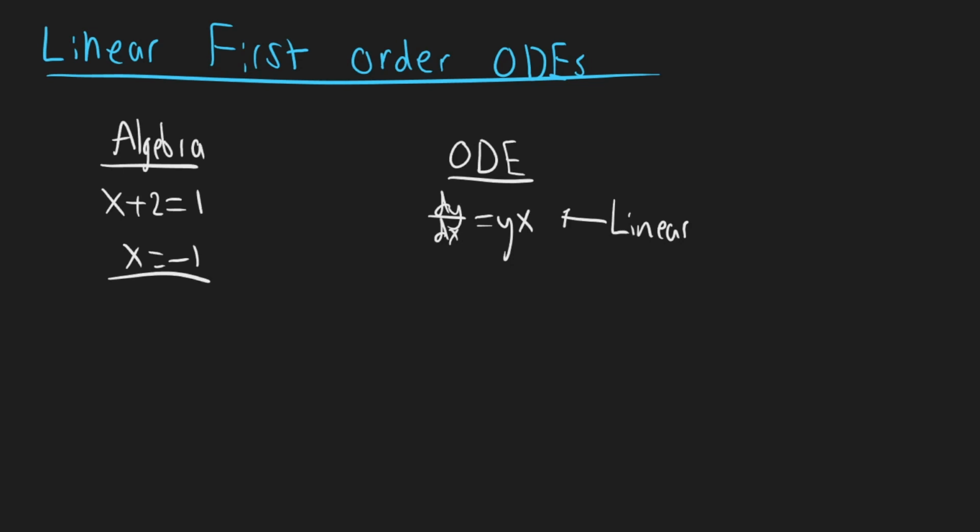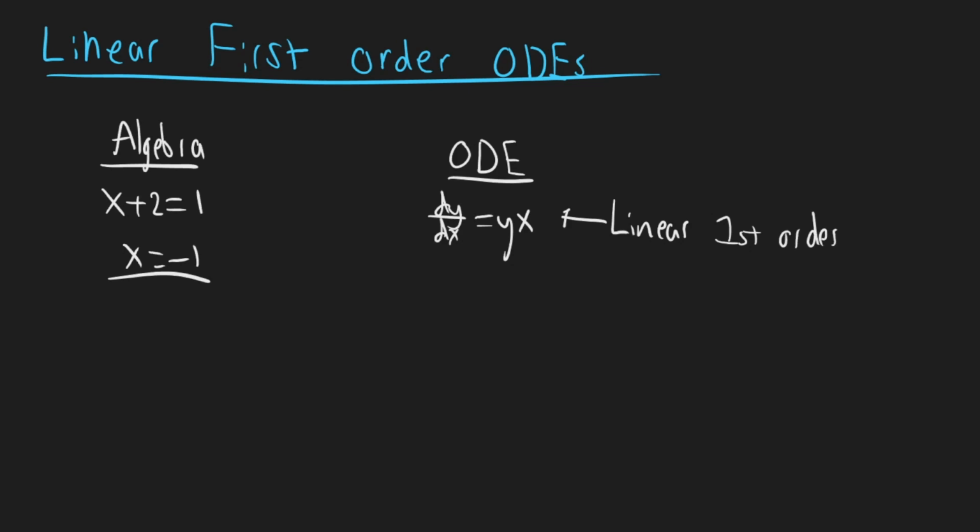But that y, everywhere it appears, which is just here in its actual form, is linear. There's no square here, there's no cube. That's when we would call it linear. And it's first order because the derivative is the first derivative. If it was the second or third derivative, it would be second or third order. So this is first order.